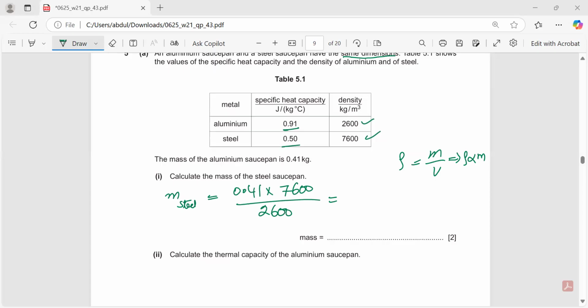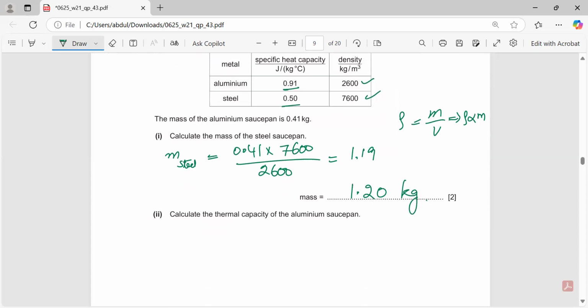This one divided by 2600, we are getting 1.19. So we can round it off to 1.20 kilogram. So just the ratio method, as the density is directly proportional to mass. The density of steel is more, so the mass of steel will also be more for the same dimensions.